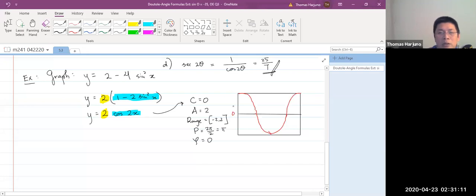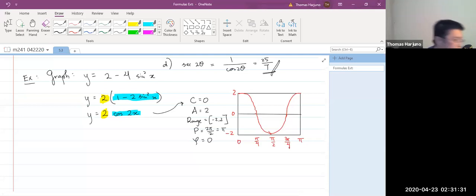So this is 0, this is 2, this is 0, this is pi over 2, pi over 4, 2 pi over 4. Now, that's the easy one, though.